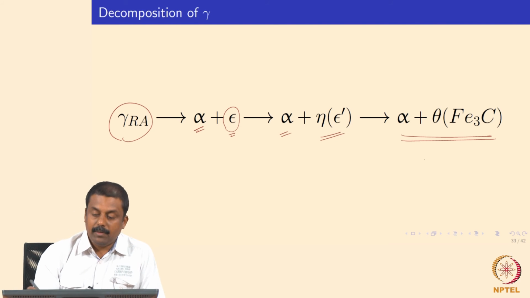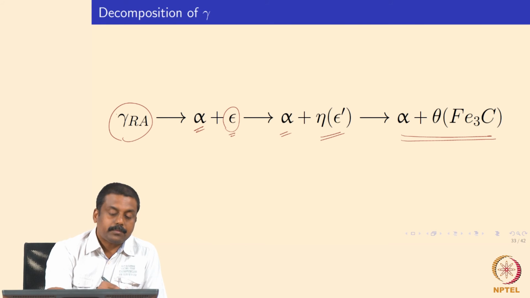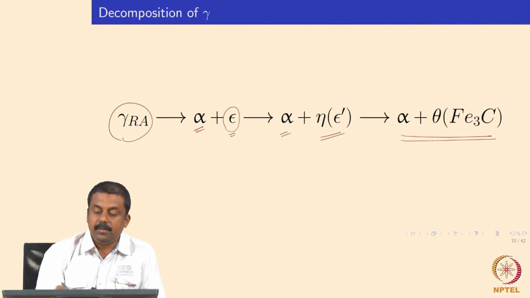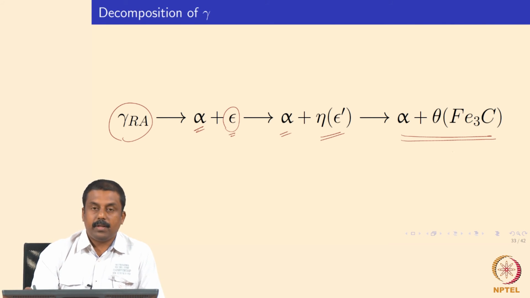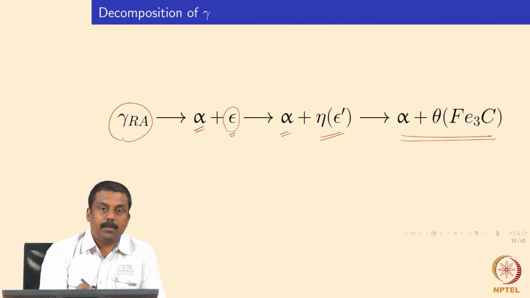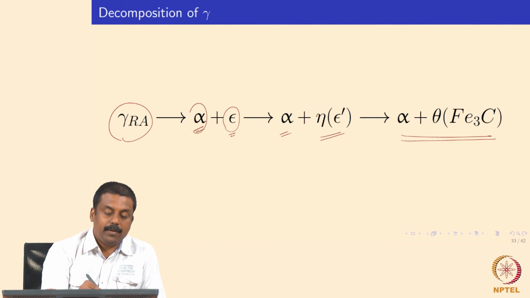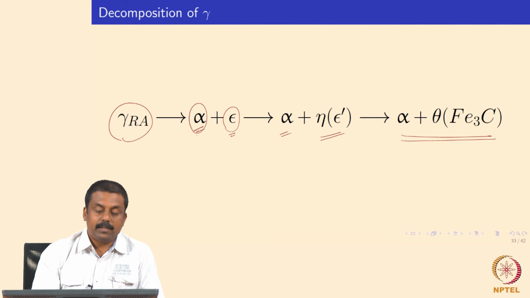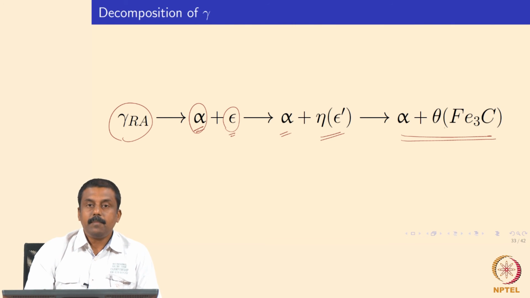So you can understand very clearly that when retained austenite is transforming into the ferrite and cementite mixture, you expect an increasing ferromagnetism because of ferromagnetic ferrite forming from retained austenite, and subsequently, because of the transient carbide formation, you will see a decrease in saturation, and once you have complete transformation of retained austenite into a ferrite and cementite mixture, then you will have a ferromagnetic microstructure.